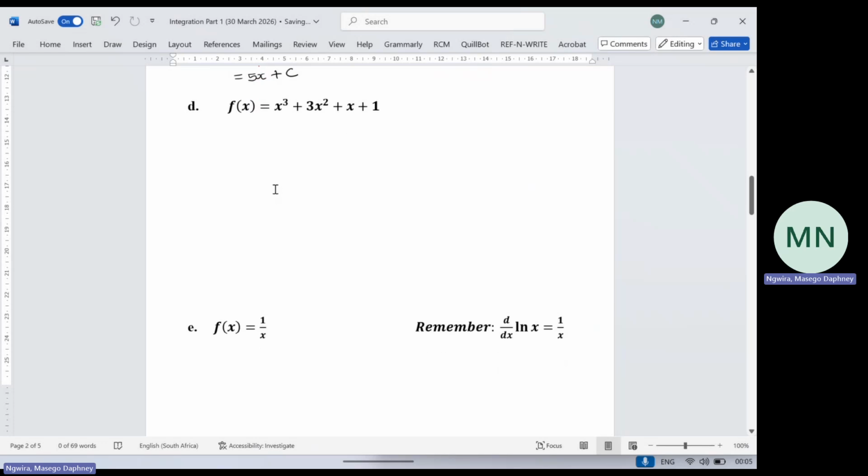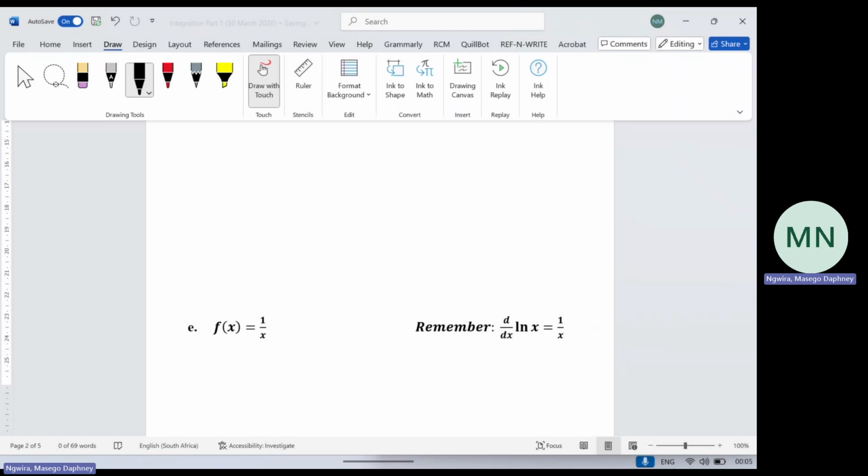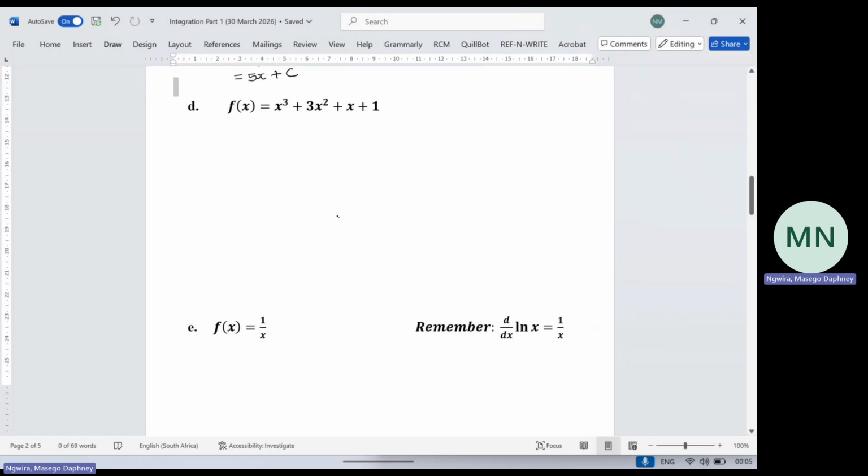So with d, and now you notice that we have a lot of them now. It's like we have 3, 4 terms. So we're going to do the same thing. So we are going to say the integral of x to the power of 3, and then plus 3x squared, and then plus x, and then plus 1.